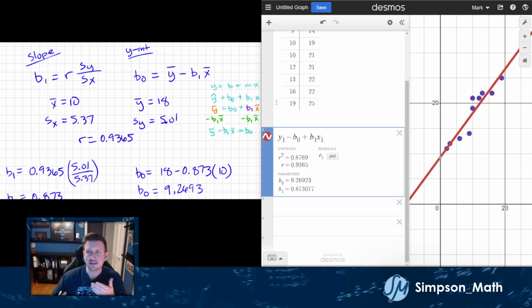But because this is not a perfect linear relationship, we have a little bit of a regression to the mean. So we have the Pearson correlation coefficient, this r, and we kind of have a bit of a penalty that we have to pay, and it makes it a little bit less steep as a result, which weakens that slope there. So we have to adjust it based on R.